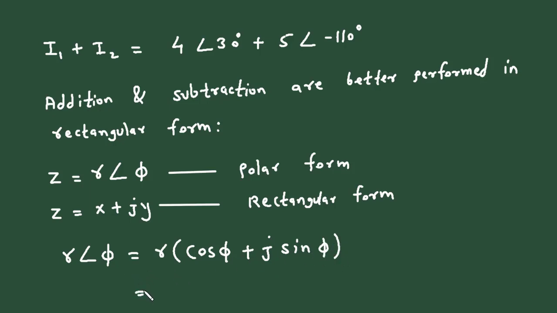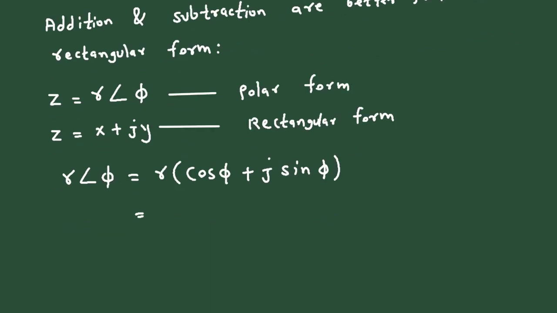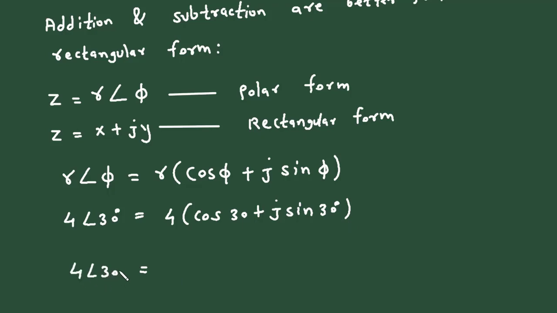So here the value of r is, first we will convert this 4 at an angle 30 degree. So 4 at an angle 30 degree is equal to r value is 4 in bracket cos phi. The value of phi is 30 degree plus j sin 30 degree. So therefore this will be 4 at an angle 30 degree.